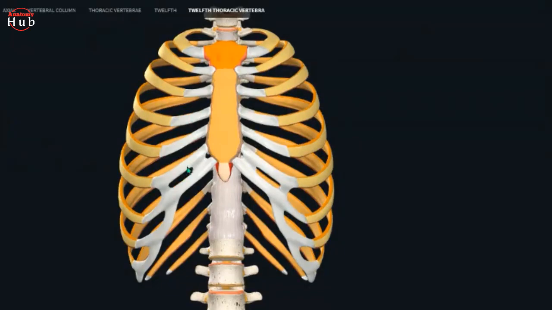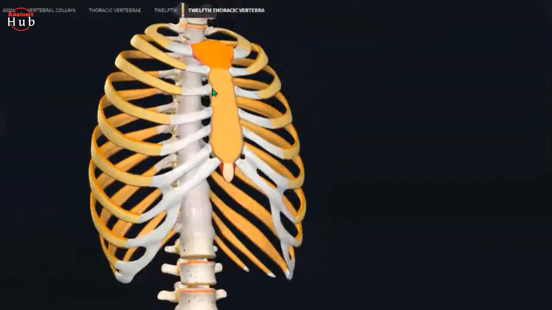Here you can see the first rib articulating directly with the sternum with the complete facet. The second rib at the sternal angle has a demifacet at the upper and a demifacet at the lower, and the third rib articulates over here. This is the fourth, fifth, sixth, and the seventh.